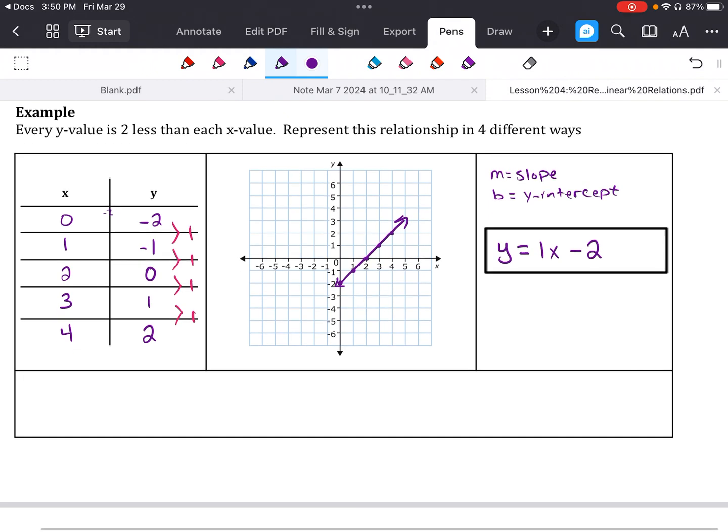Okay, and then the words, it could be any word problem that has to do with starting at -2 and gaining 1.